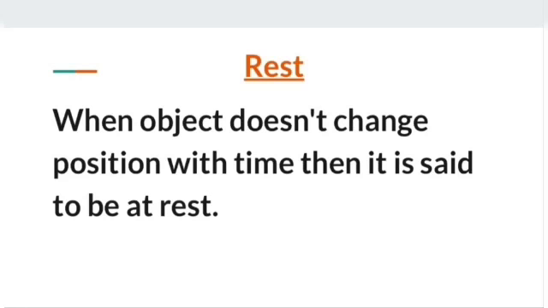I am repeating, when an object does not change position with time, then it is said to be at rest or a stationary object. Like your table, your chair. These are rest objects.